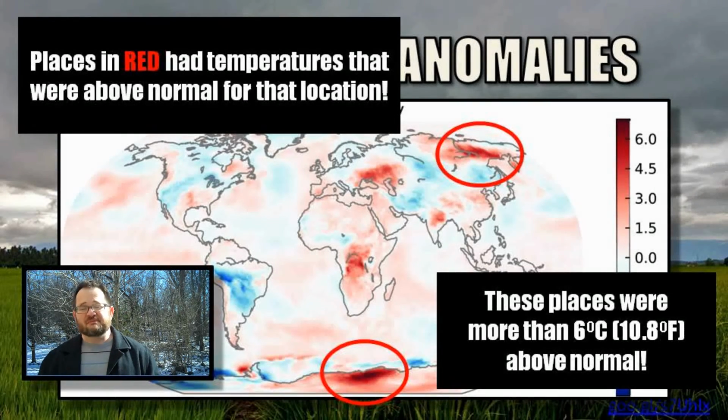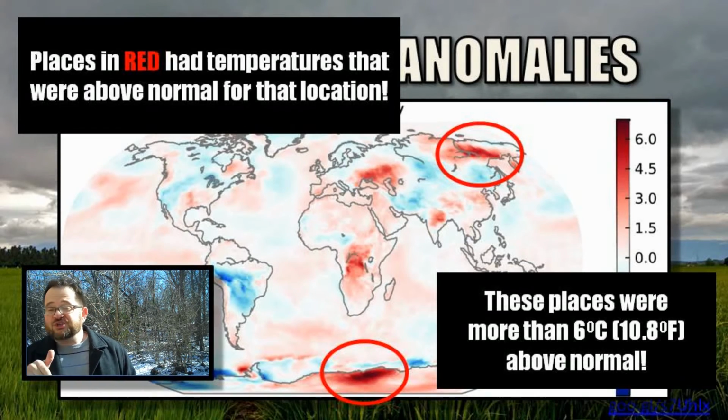That is a big temperature difference. To maintain that far above normal for an entire month is a very large temperature difference. So you can see it's like Siberia and Eastern Europe and parts of Antarctica and so on. Blue places on the map are places where the temperature in June 2009 was below normal.